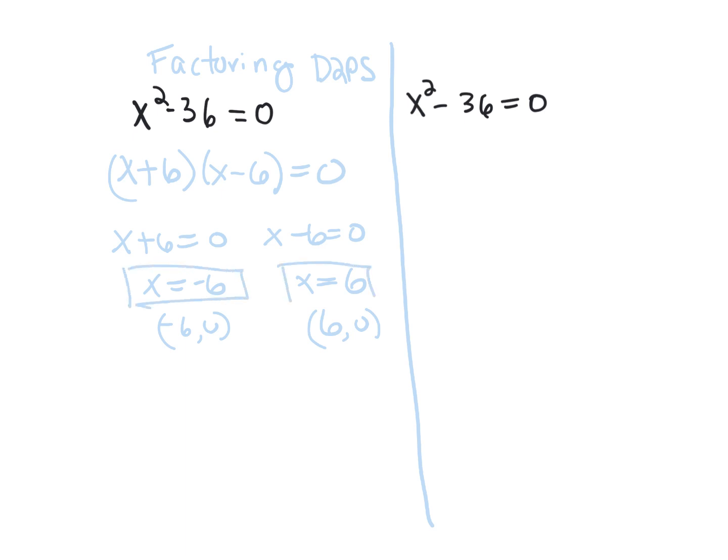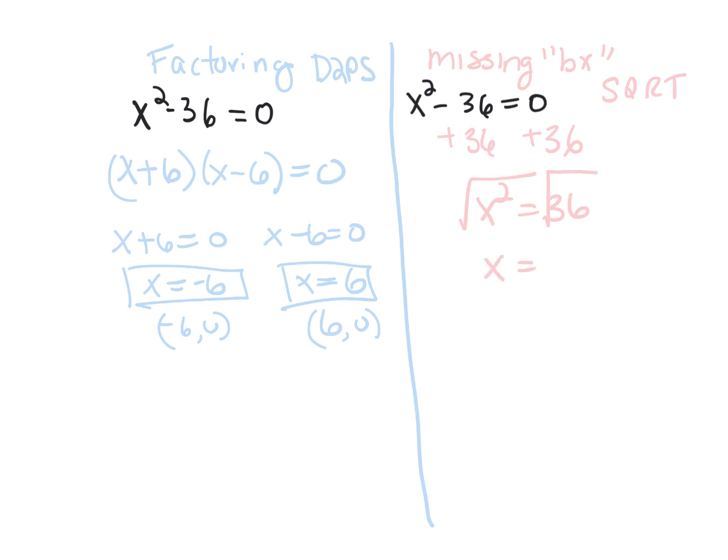Now, someone else might look at this original problem and say, hey, it's missing that bx term. And so I'm going to use the square root method. I'm going to isolate the square and then I'm going to square root both sides.